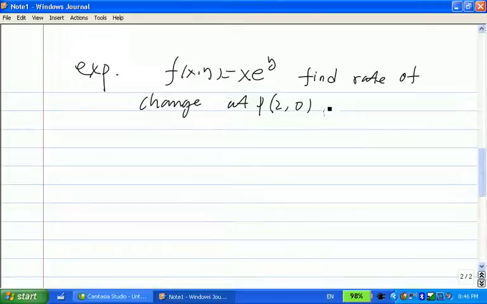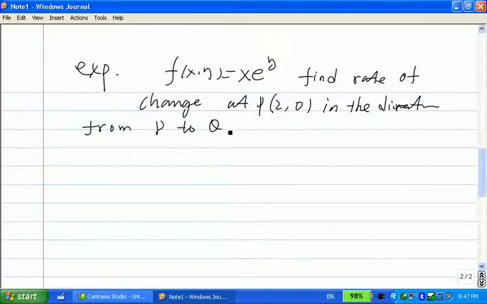In the direction from P to Q. Q is another point, whose coordinate is (1/2, 2).